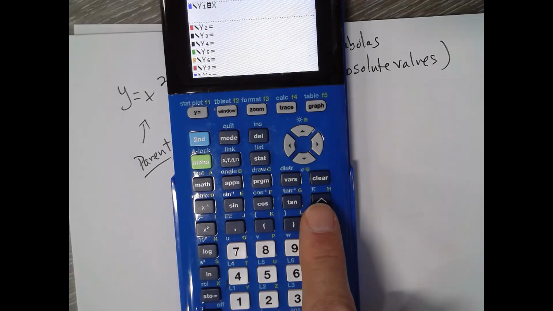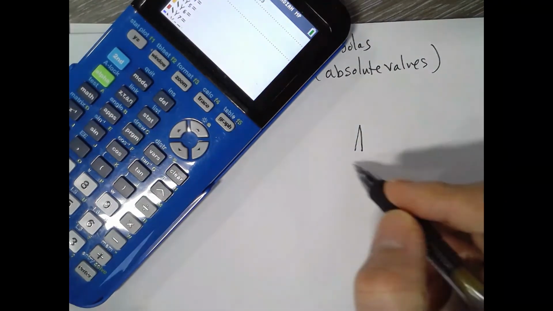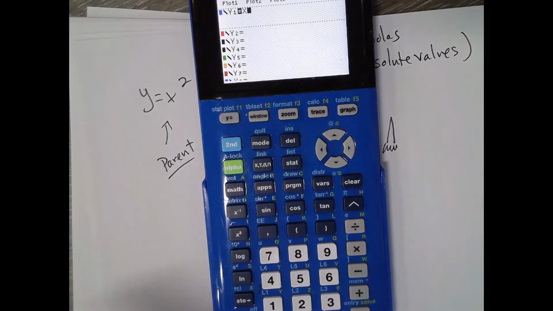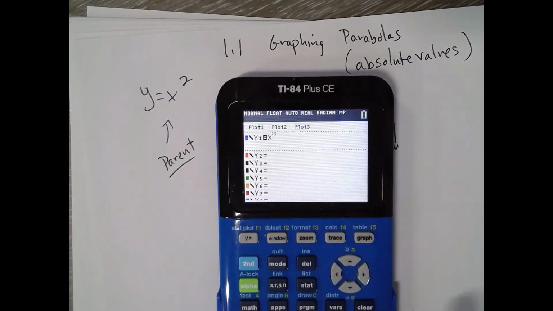That's the caret key, because it's supposed to look like a caret if it was skinnier, but it's not a skinny one, but it's still called the caret. So that means to the power. So x to the power of, and then we could do x to the fifth if we wanted to. But we don't want to, we want x to the second.